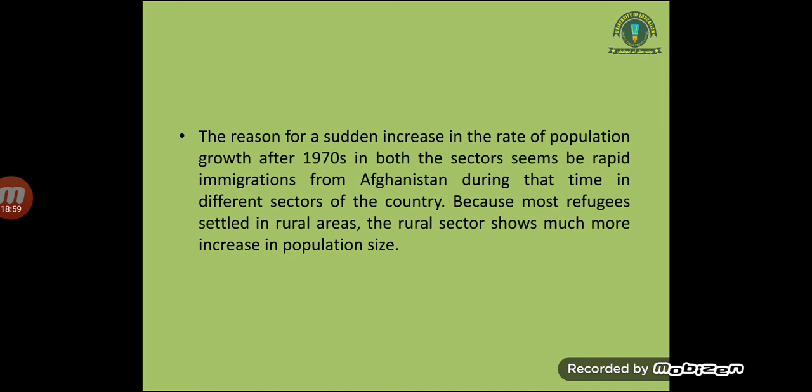The reason for a sudden increase in the rate of population growth after the 1970s in both these sectors seems to be rapid immigration from Afghanistan during that time in different sectors of the country, because most refugees settled in rural areas.